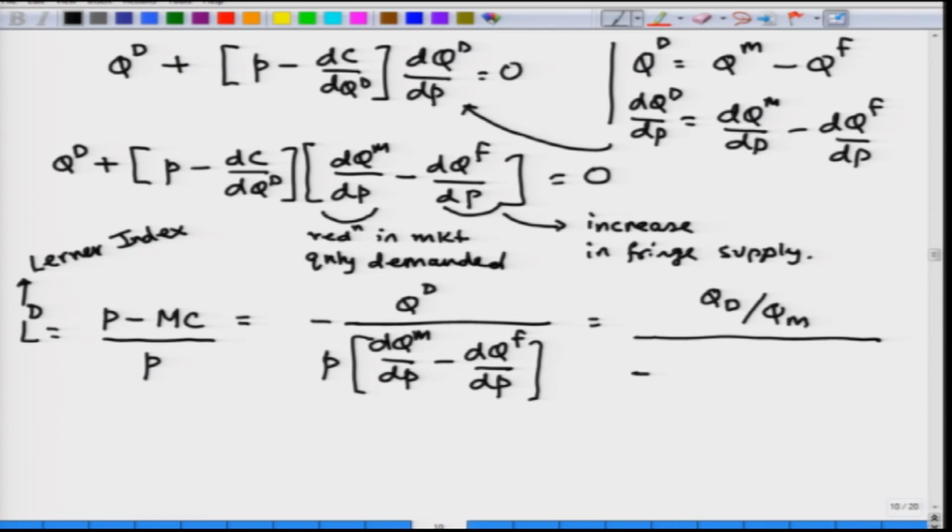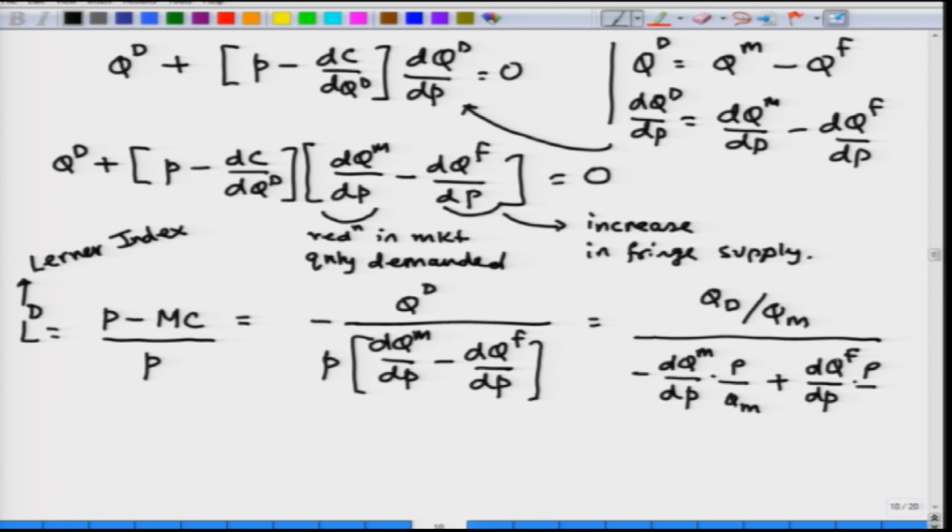So, I have a minus dQm dP, and I have a P, and because I divided the numerator by Qm, I need to divide by Qm here. This minus and the second bracketed term makes it a plus. I have a dQf dP, and I have a P.